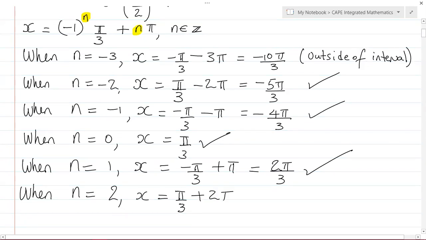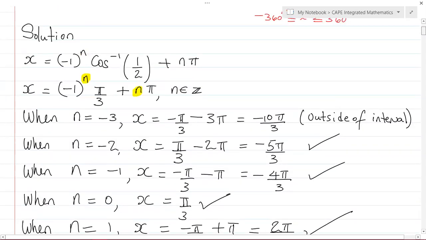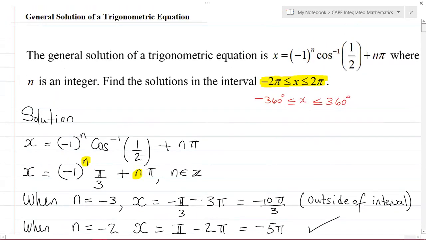Add those together, you will get 7 pi over 3 radians. And 7 pi over 3 radians is equivalent to 420 degrees.